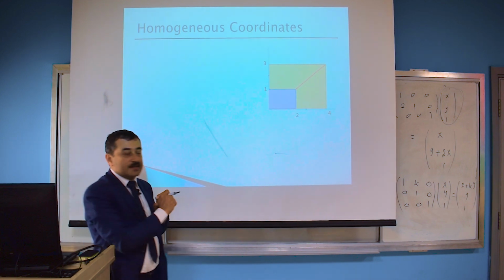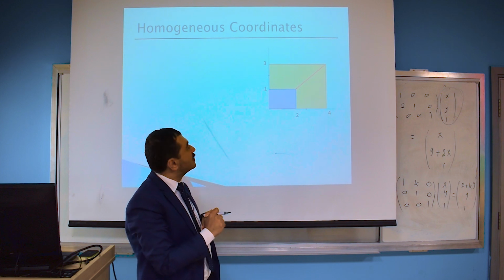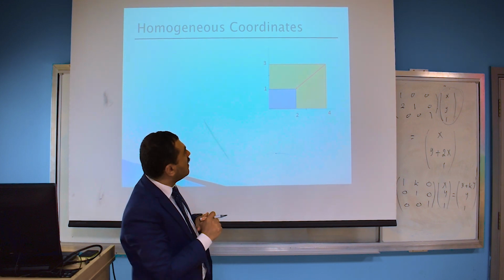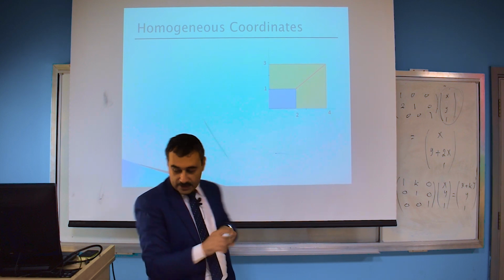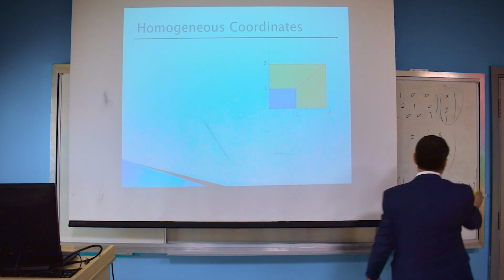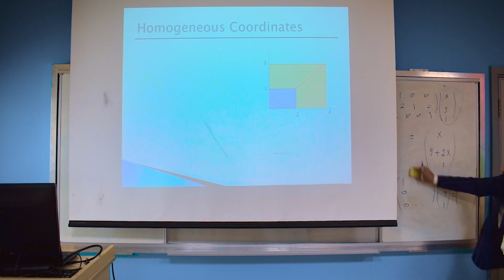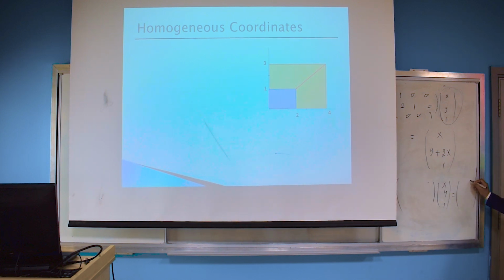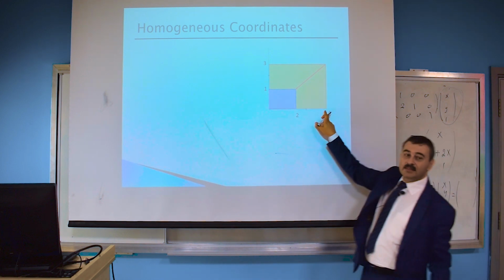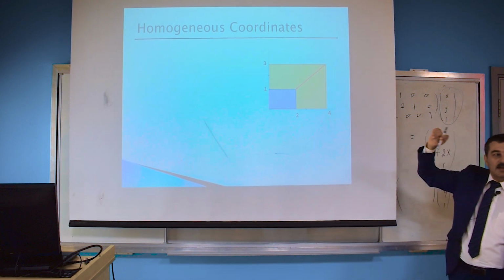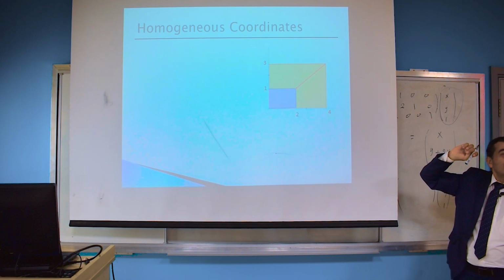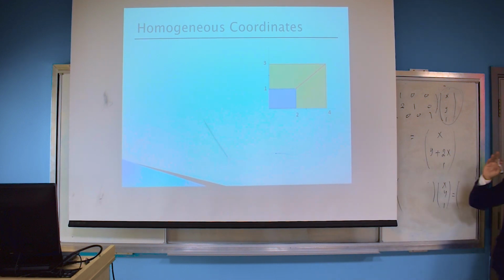What happened here in this object? Scale down by 2 in x direction and 3 in y direction. So x becomes x over 2, scaling you multiply, not subtract.